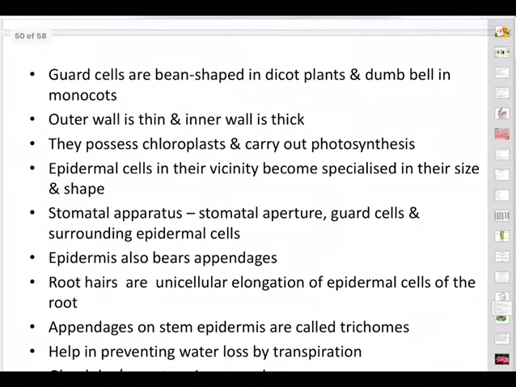And the guard cells which will be there in the epidermal cells have a particular function to perform. As I said, they have two guard cells. These are bean shaped, and in case of monocots they are dumbbell shaped. So depending upon whether the guard cells get elongated or constricted, stomata opens and closes.